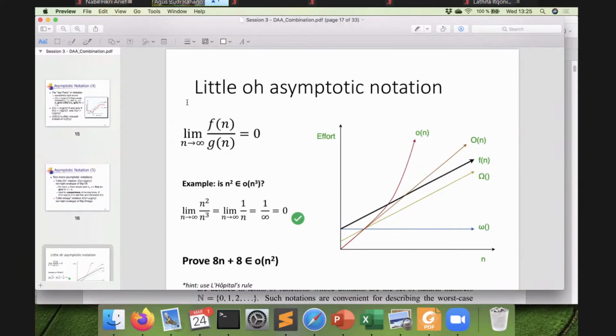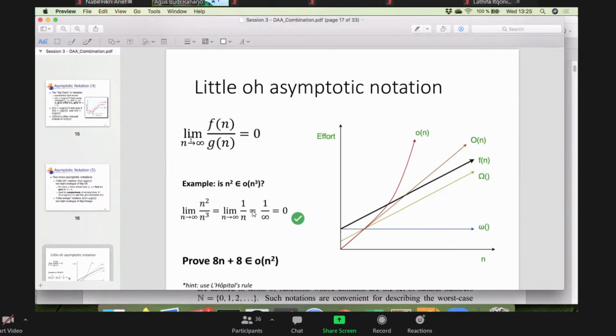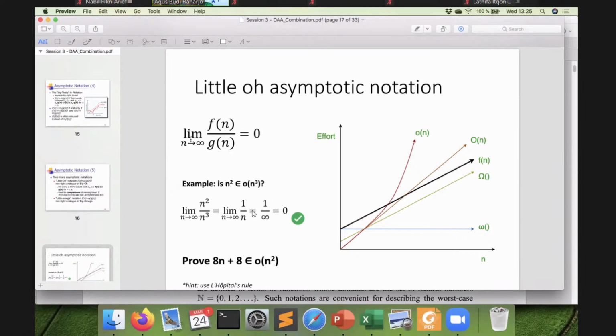And for me, it's easier to understand little o by doing this. So we meet calculus again: the limit as n approaches infinity of f(n) over g(n) equals 0. This is the basic foundation of little o.